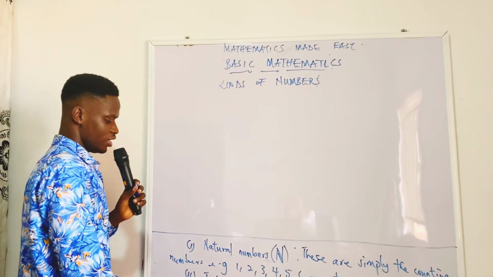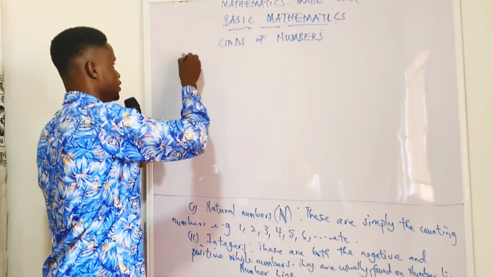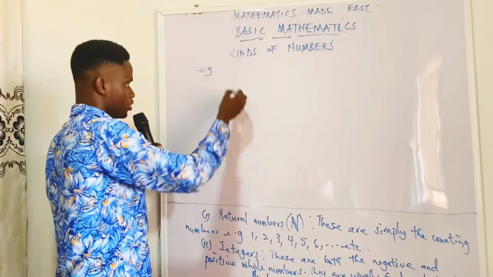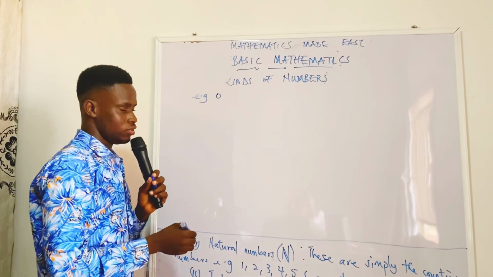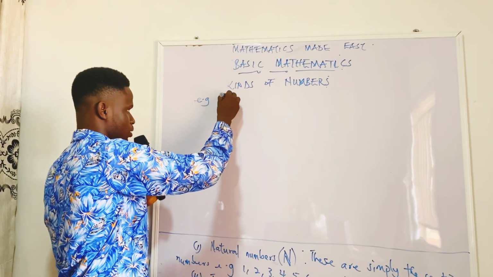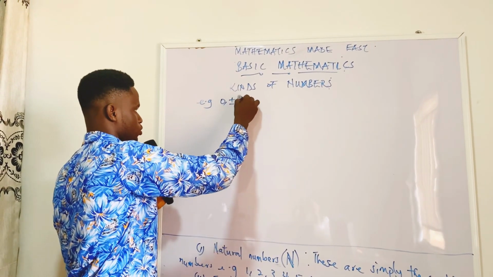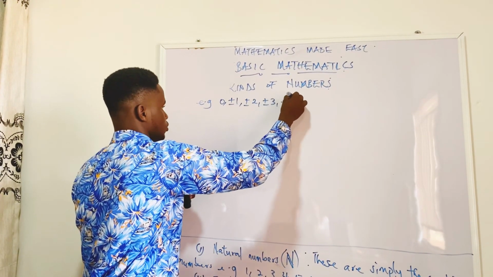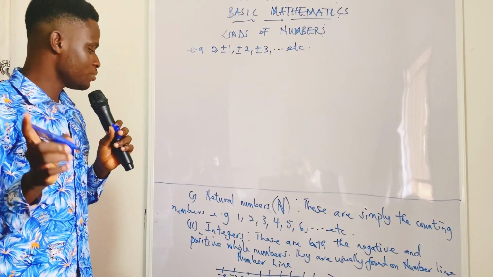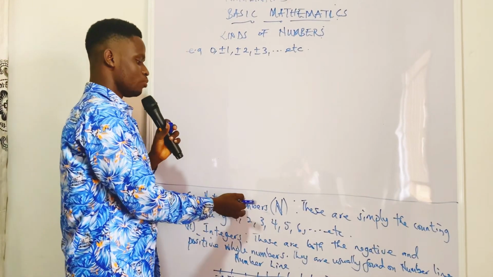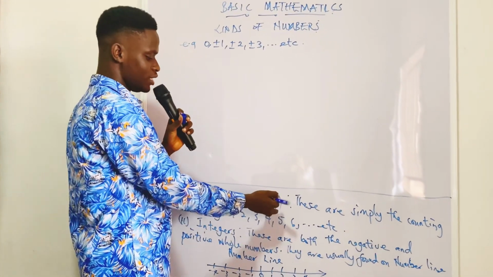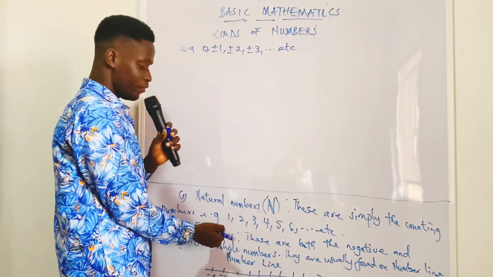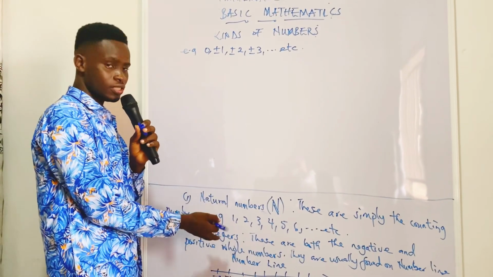Let's list out the examples of integers. So starting from 0, then you can just say plus or minus 1, plus or minus 2, plus or minus 3, and so on like that. But have it in mind, just like the way we have natural numbers represented by a general symbol, we also have a symbol for integers.